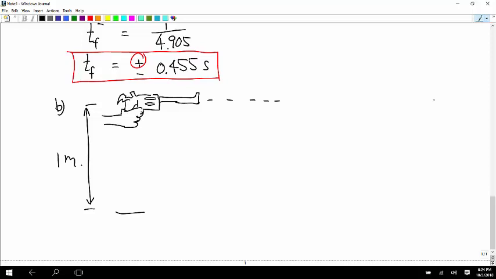For 2D kinematics, well, we have to choose the time equals 0 and the time final, and those are going to be the same as they were before. Time equals 0 is going to be the instant when it's shot. Time final is going to be the instant when it hits the ground.